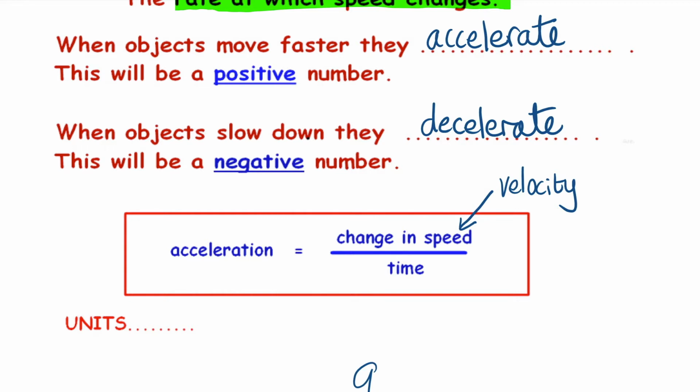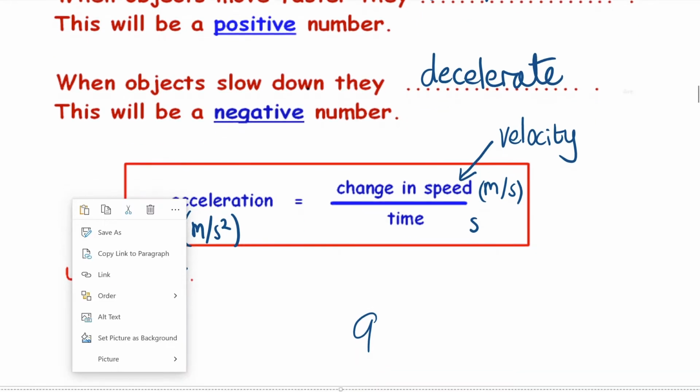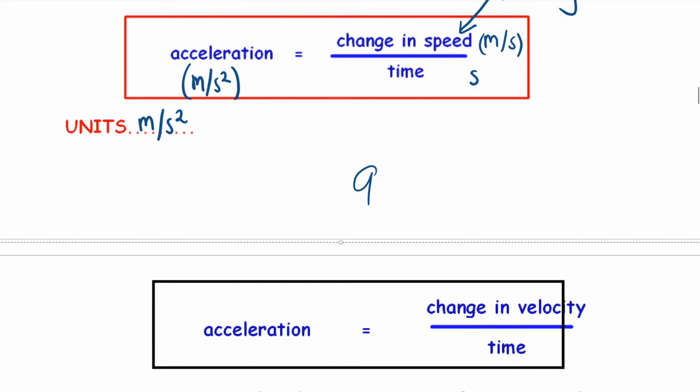And because speed or velocity is measured in meters per second and time is measured in seconds, what we say is the unit for acceleration is meters per second squared. So write that underneath here. Okay, there's the background. That's what you need to know.